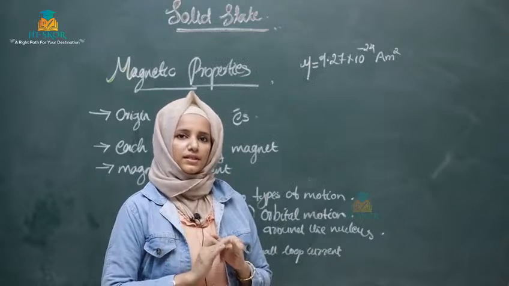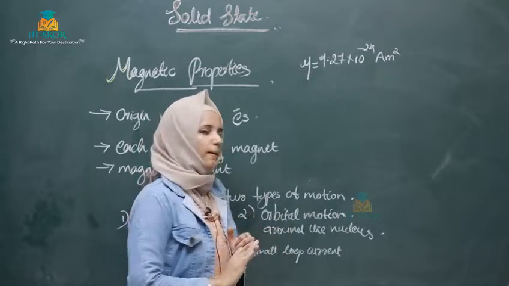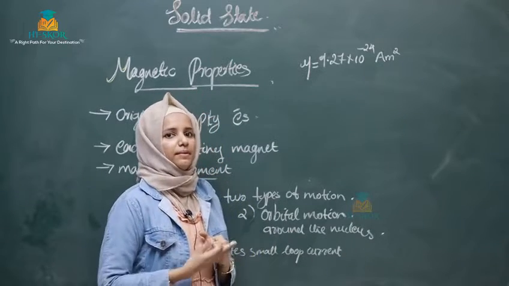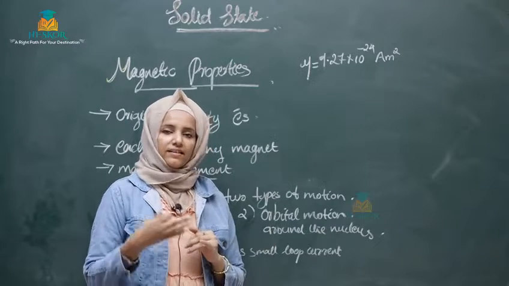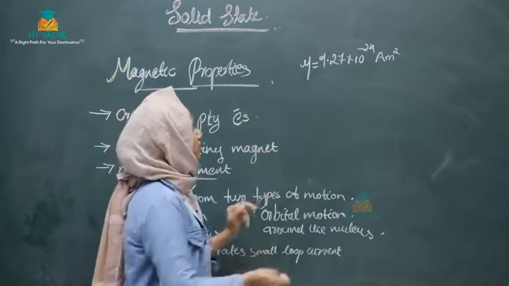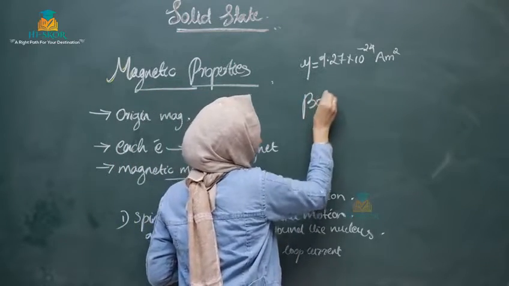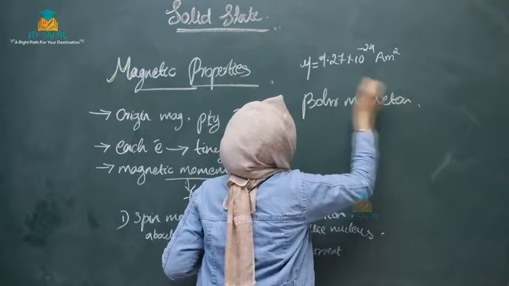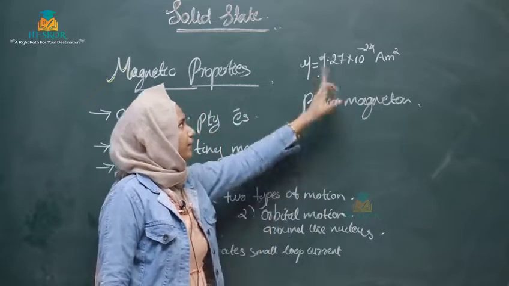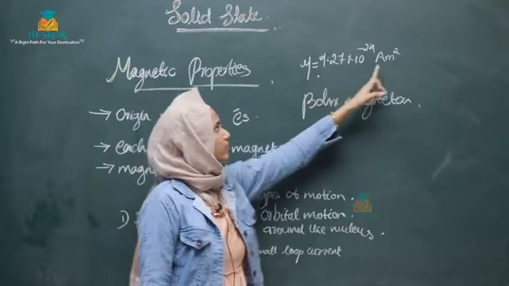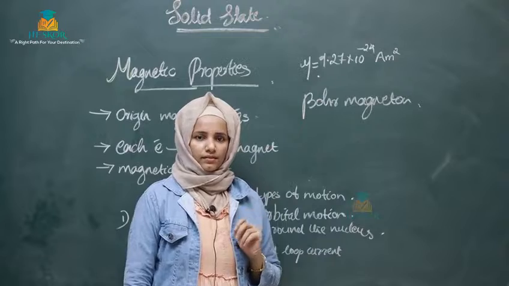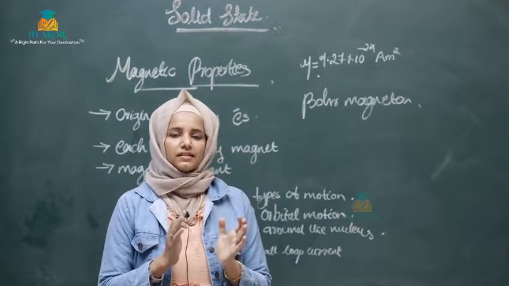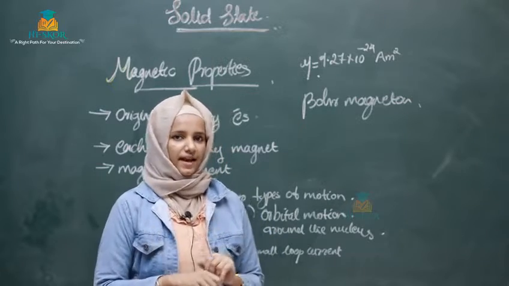Due to that motion, it produces a small loop of electric current, which means a magnetic moment will be there, and we measure that magnetic moment in the unit called Bohr magneton, with value mu equal to 9.27 times 10 raised to minus 24 ampere meter square. Okay, so based on this magnetic property, substances are classified into five categories.